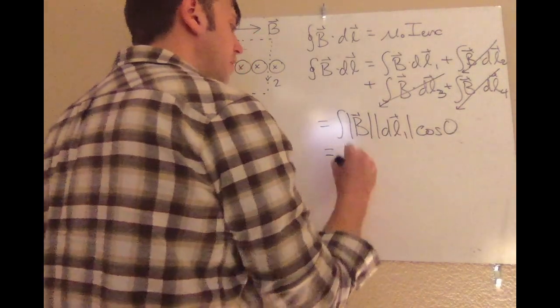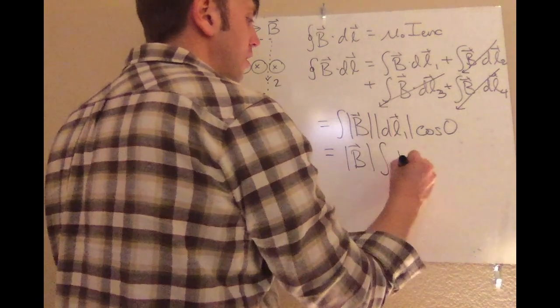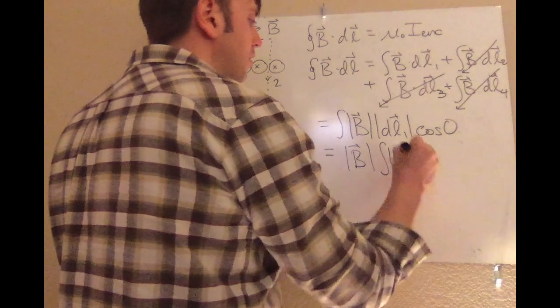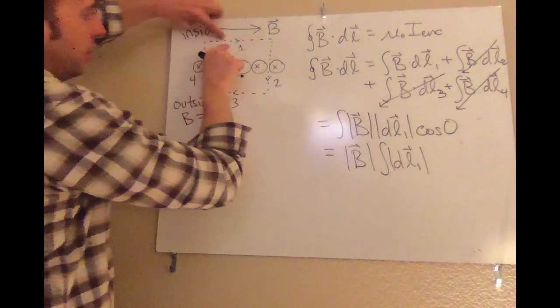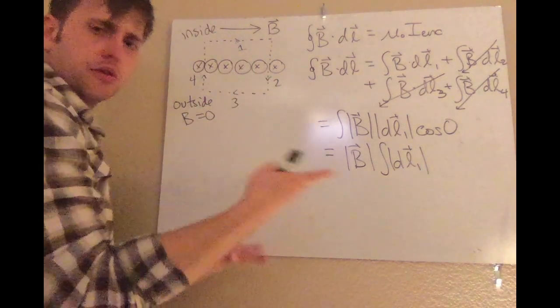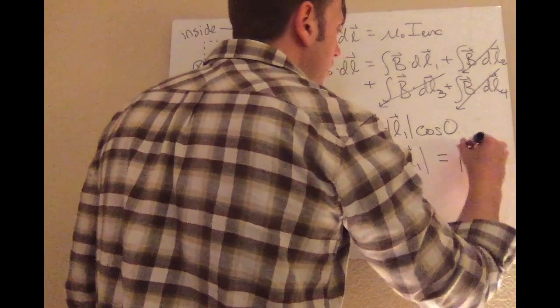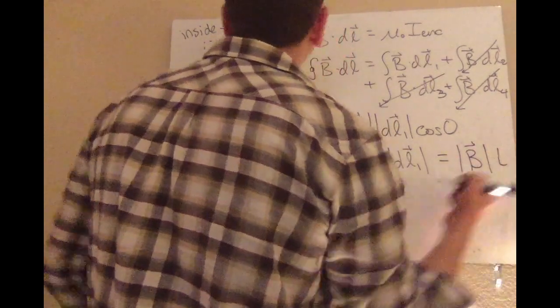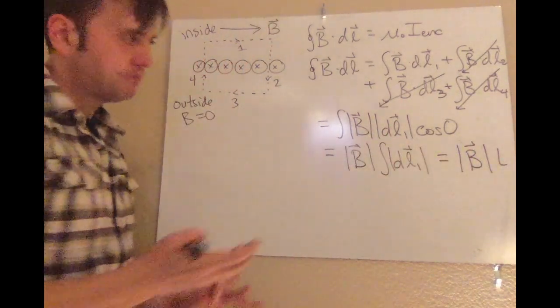The magnitude is a constant which we can pull out, and then I just integrate all my dl's. So what happens when I add up all these little bits of length from here to here? Well, that's just the total length, so we'll call it L.